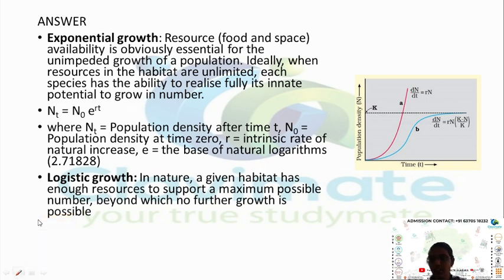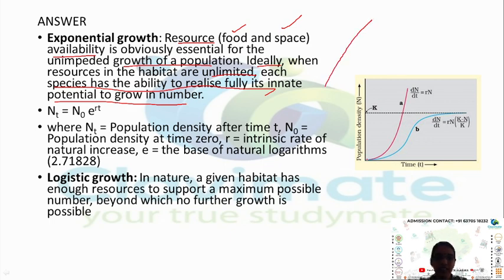Exponential growth is when resources, here food and space, are available, the population is going to grow uncontrollably. Ideally, when resources are unlimited, each species has the ability to realize its fully innate potential to grow in number. That is, the species will grow exponentially.